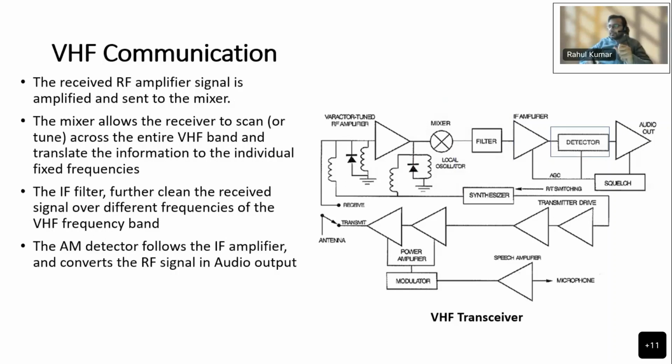So after filtering or cleaning the individual frequencies, whatever information you are getting is then amplified and sent to your detector. This detector will convert your RF signal into audio output, right?